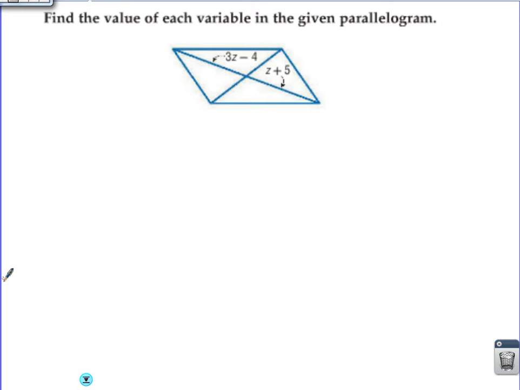Still staying on the properties of parallelograms. Find the value of each variable. Here you have a parallelogram that's got both diagonals. Remind me, Colton, when you've got two diagonals, what are those diagonals going to do? The diagonals of a parallelogram will always, does anybody remember?